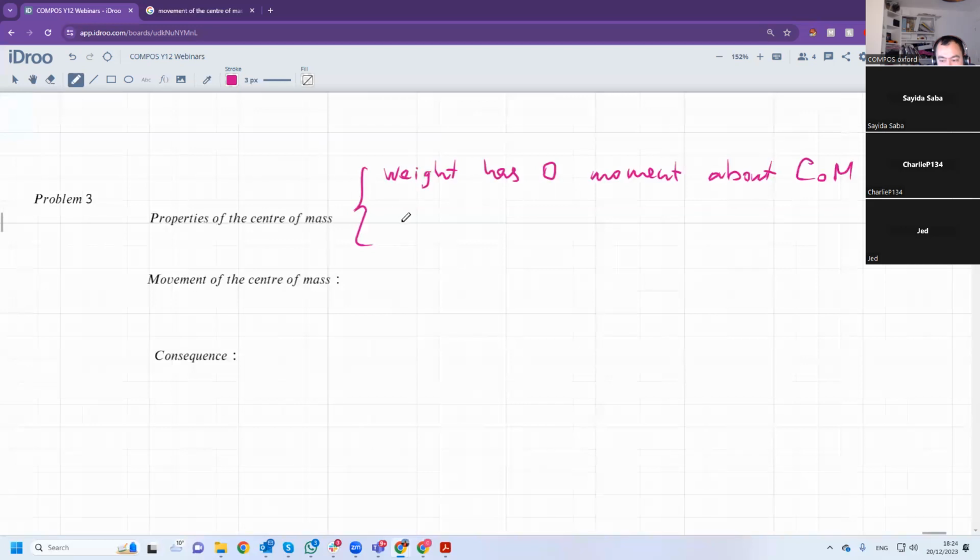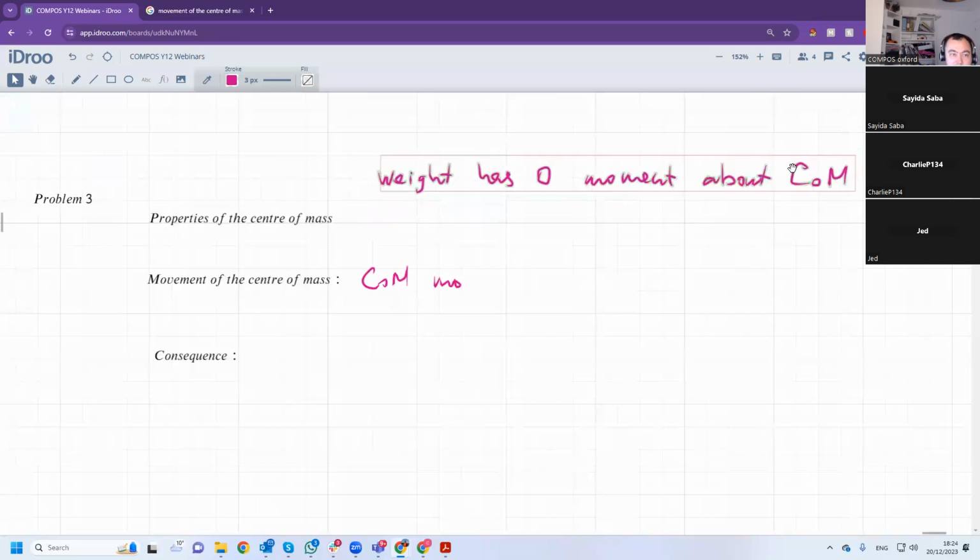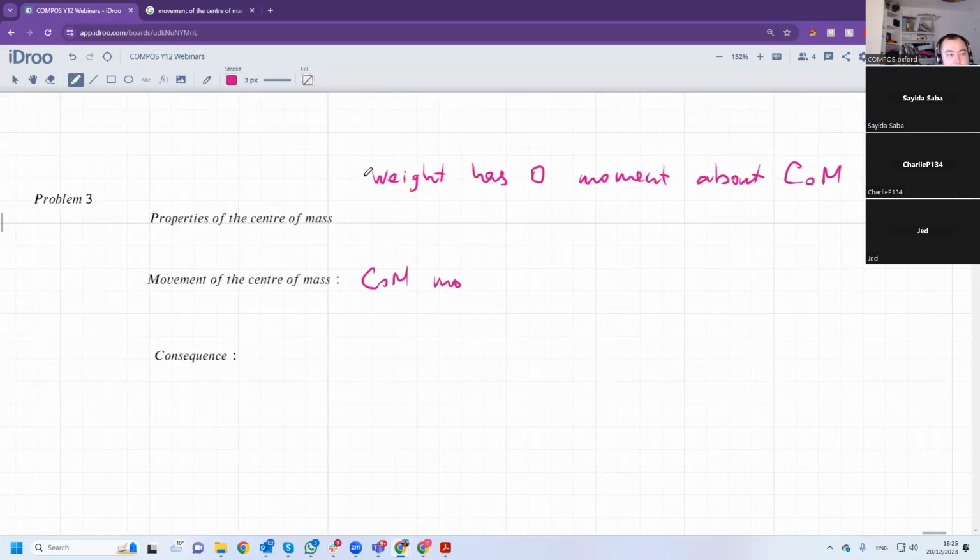The center of mass moves like a point object.